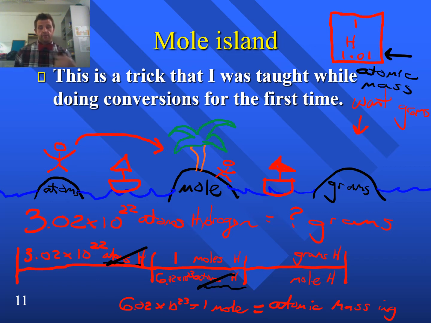Hydrogen, on average, weighs 1.01 AMU. So then what I'm seeing here is for every 1 mole, and I'm getting that from the conversion factor here, 1 mole is going to equal the atomic mass in grams. And since I know the atomic mass for hydrogen is 1.01, that is going to be the number I'm going to put up top here, 1.01.